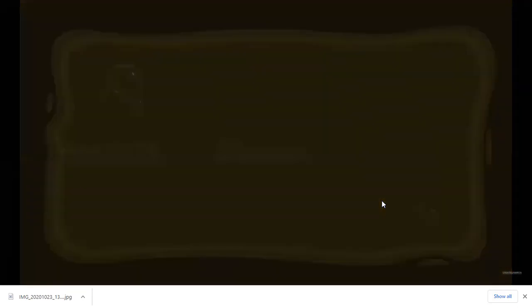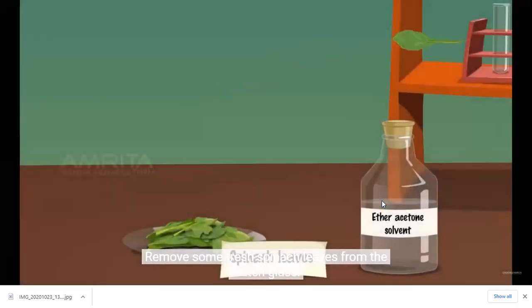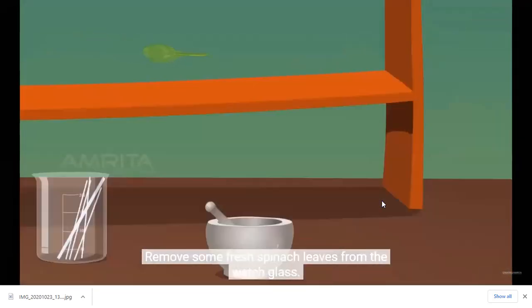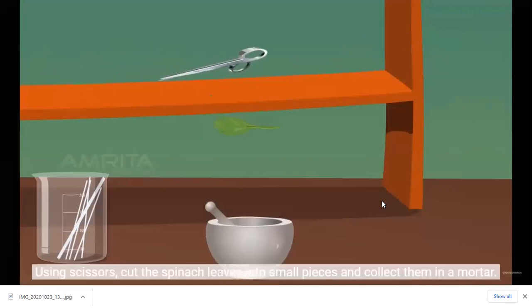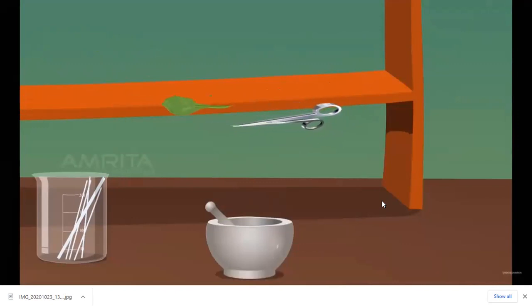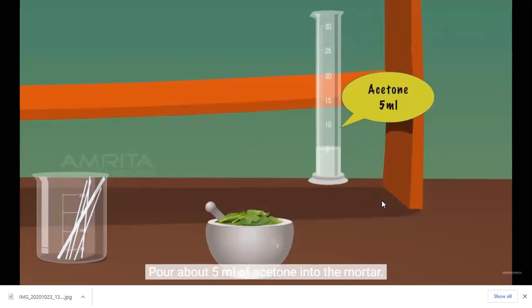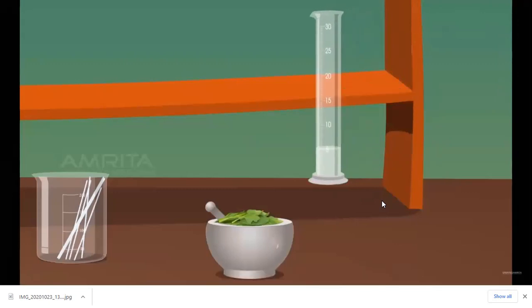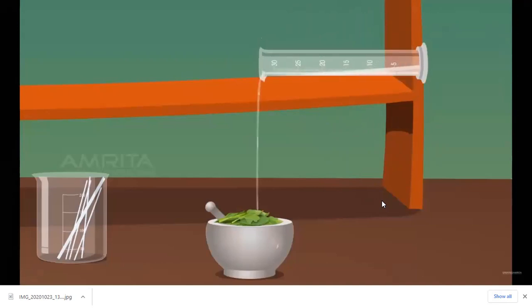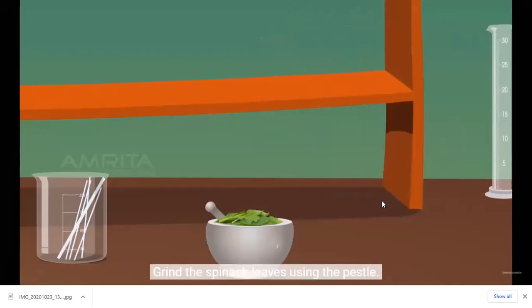Procedure: Remove some fresh spinach leaves from the watch glass. Using scissors, cut the spinach leaves into small pieces and collect them in a mortar. Pour about 5 ml of acetone into the mortar. Grind the spinach leaves using the pestle.